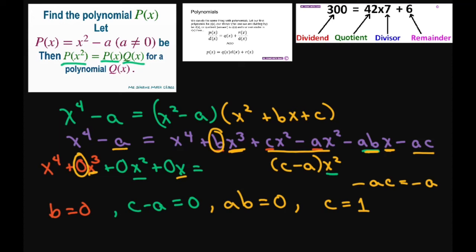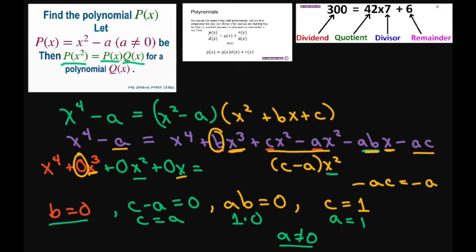And then solving for all of this, we have a equals c, or c equals a here. So that means our a also equals 1. We have b equals 0, that means my ab here is 1 times 0. Okay, now that we have all, our a cannot be 0, but that's given. So our a is 1.